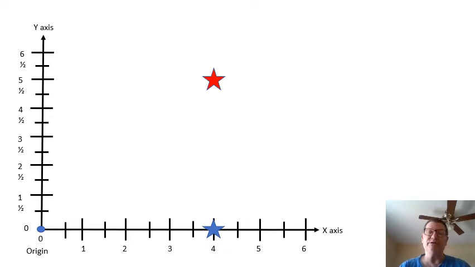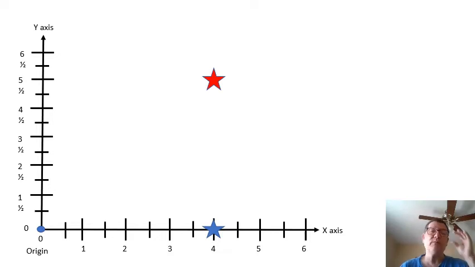Now that y-axis is a perpendicular line, which means it has a right angle to the x-axis. Okay, and the y-axis also has increments on it, and I've cut them in halves so that we can identify how high it is from the origin.